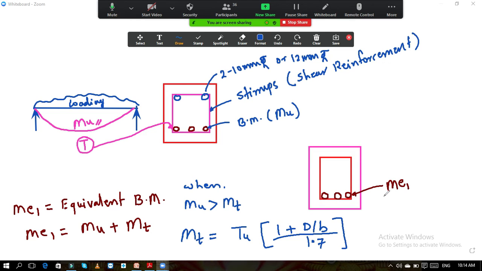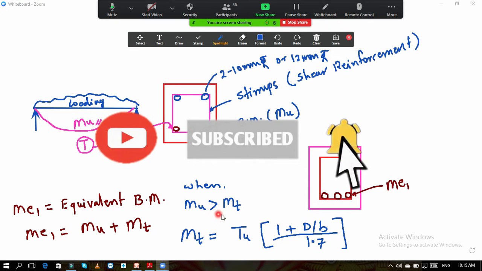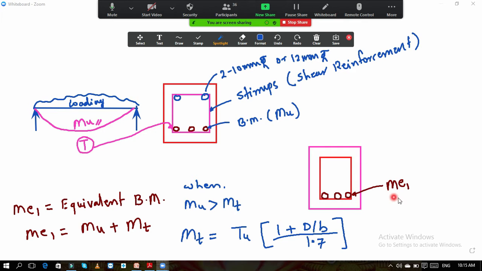There is no need to calculate the hogging bending moment if your Mu is greater than Mt. So in this case we will design the beam only for the moment Me1, and at the top we will provide the nominal reinforcement, that is 2 bars of 10 mm or 2 bars of 12 mm. This is the case when your Mu is greater than Mt.